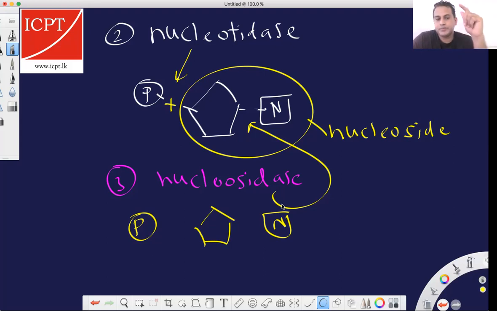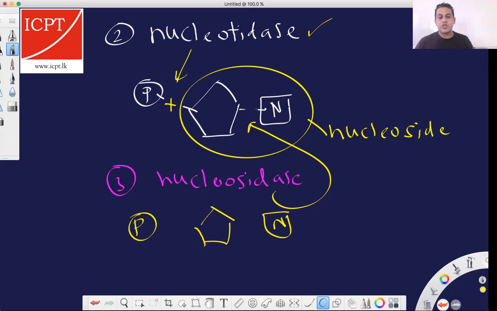So conclusion, nucleotides are further digested by nucleotidase to make the phosphate moiety or phosphate ion and the nucleoside.